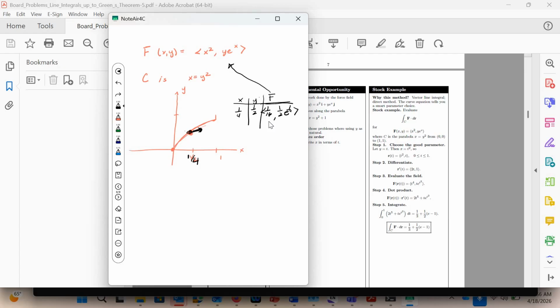So how you do that is you look at your f, find an isolated variable.